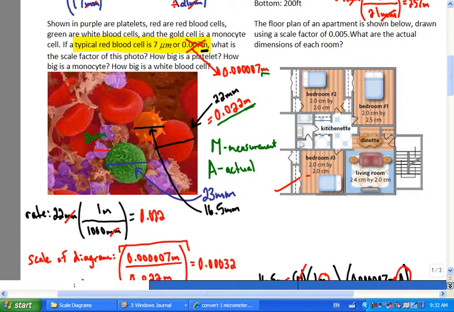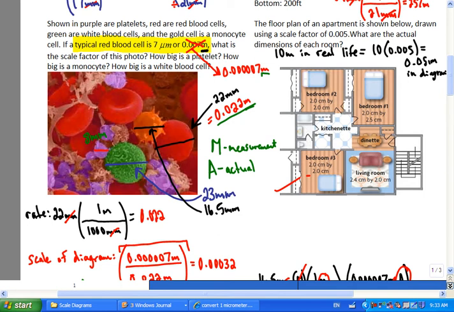So for example, with a scale factor of 0.005, that means if we started with, let's say, 10 meters in real life, then that means we would have 0.05 meters in the diagram.